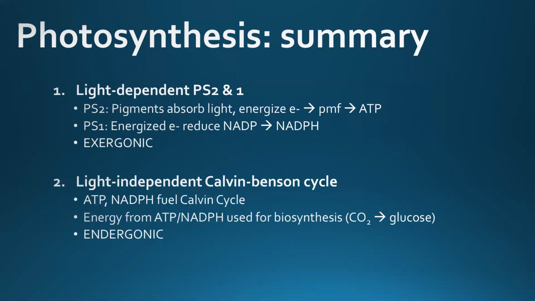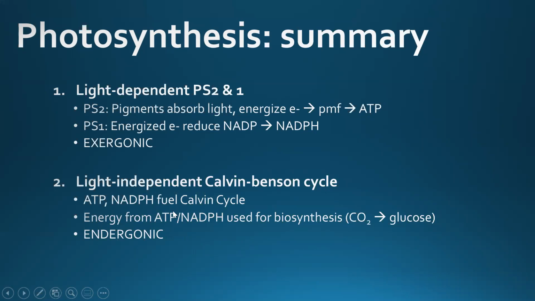Okay? Now, the light-independent Calvin cycle is basically a cyclic reaction where you're going to use the ATP and the NADPH that was produced from the light reaction, and you're going to synthesize glucose from carbon dioxide.